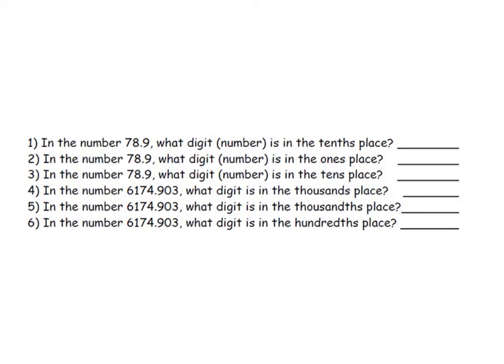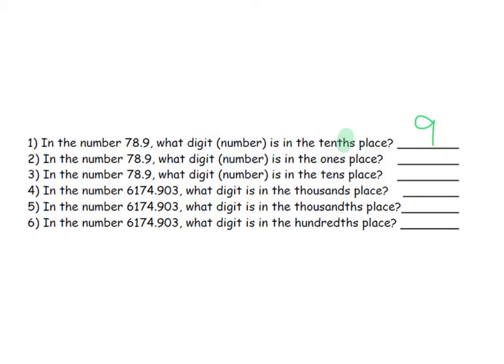If you look down at our chart, remember the number that is exactly to the right of the decimal is in the tenths place, with that TH at the end. That's super important right there. So what number is directly to the right of the decimal? Well, let's take a look here. There's the decimal. Directly to the right, that digit is a 9. So our answer here would be 9.